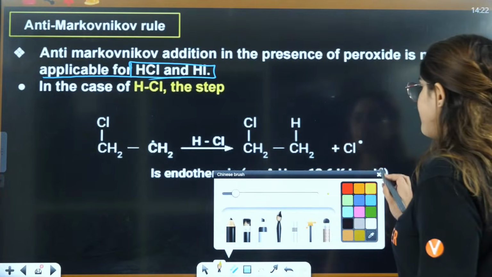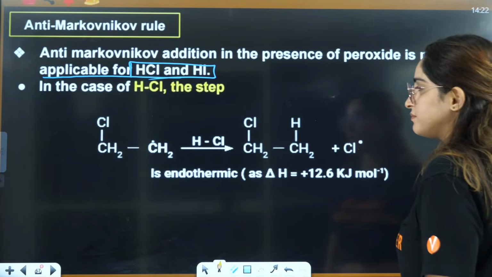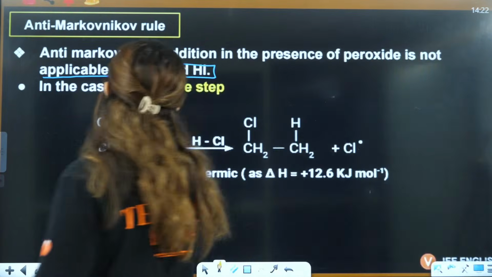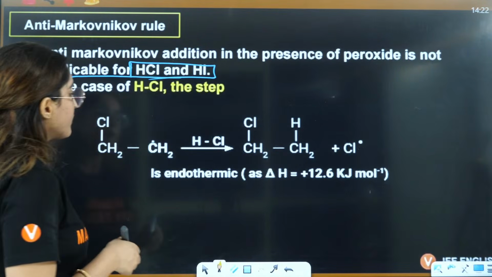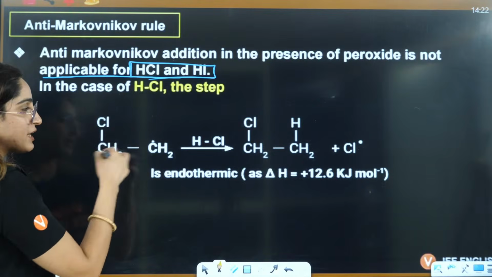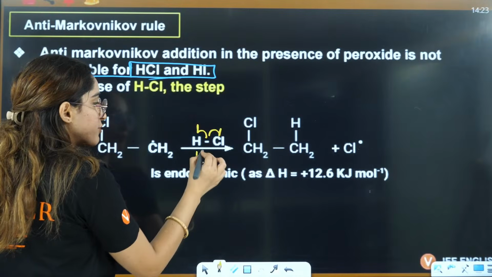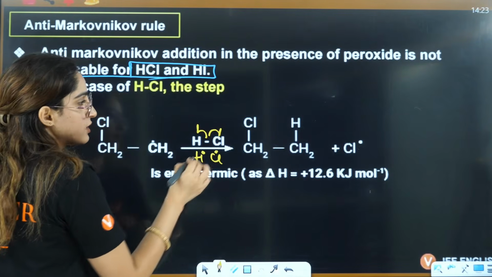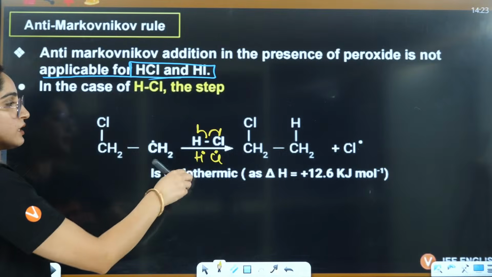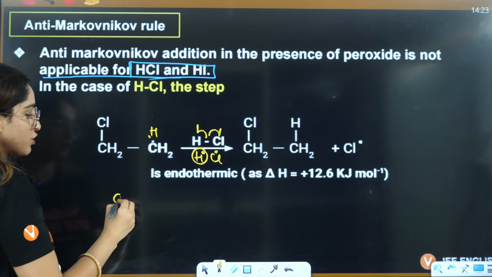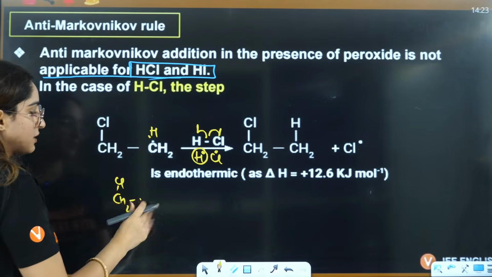So for example, why so, ma'am? Why does HCl not give us anti-Markovnikov? Because what will happen if you have a free radical, and here also you want to make a free radical, producing H and this here? This H free radical will attach here and give the formation of CH2Cl CH3.